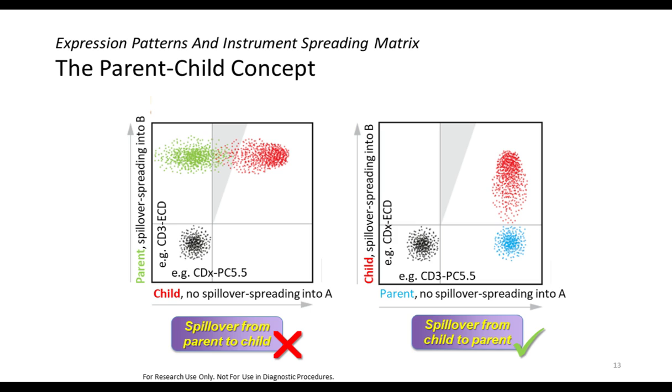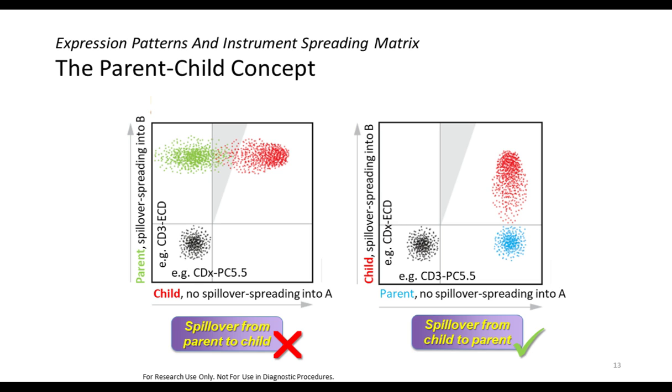This indicates that we have a certain range on the log scale where we would not be able to distinguish between green dots that are part of the negative population and just lie in this range of the scale because of the measurement error, the spillover spreading of ECD into PC5.5. But we also see red dots in there that represent events that have a specifically positive expression of CDX.